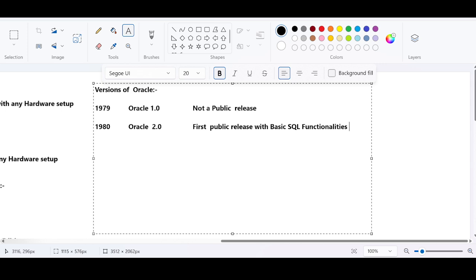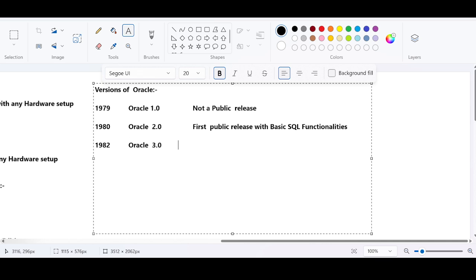Now after a gap of 2 years, in the year 1982, the new version came: Oracle 3.0. Even though 2.0 was a major release, 3.0 has a little advantage.